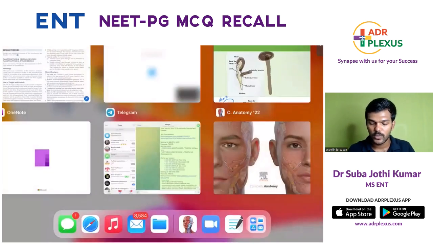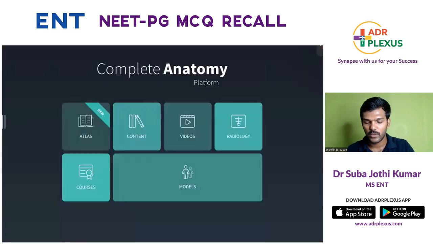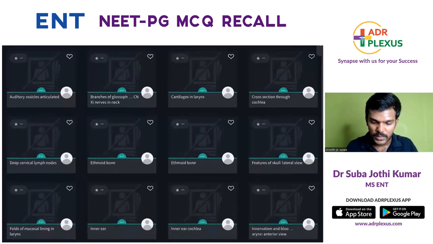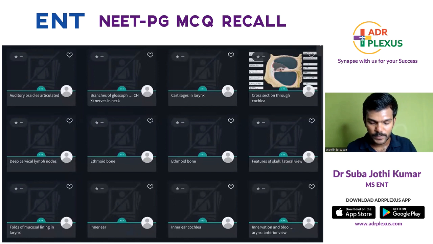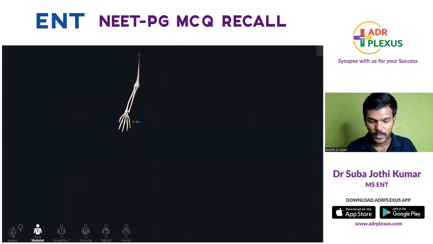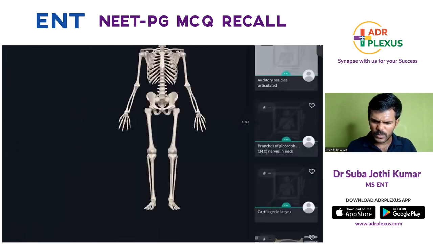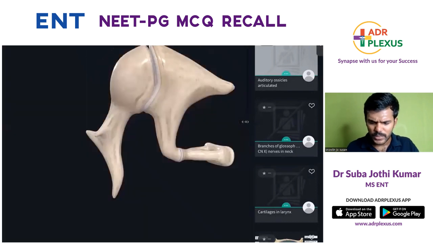Okay. Now let's go to the three-dimensional anatomy. I'm going to show how the malleus, incus, and stapes are organized inside the middle ear. I have already shown you this in class.